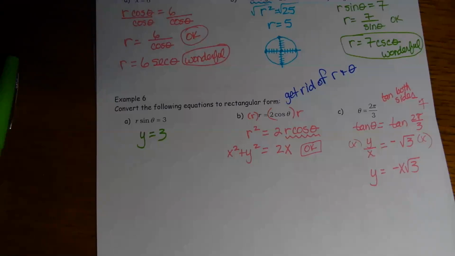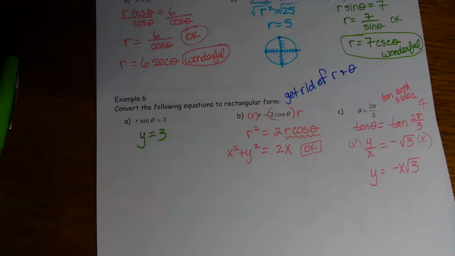What is it? X is squared and y is squared, and they both have the number 1 in front of them. They both have the same coefficient in front. It's a 1. So what is it? It's a circle. You have to recognize if you have x squared plus y squared and the numbers in front of the x and y are the same, it's a circle.